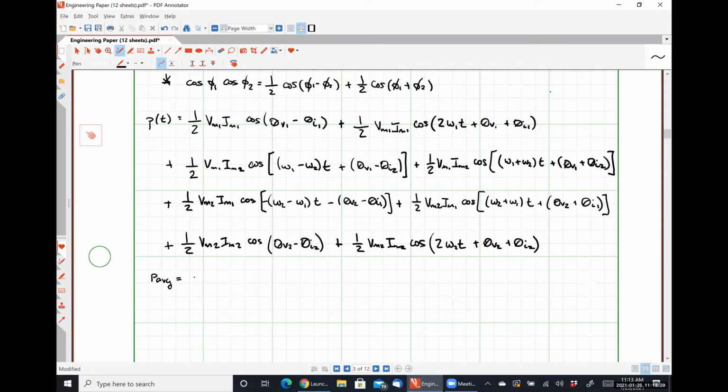And we would need to integrate it over one period of its waveform. So let's just say, for the sake of argument, that omega-2 is an integer multiple of omega-1 to make the math easier.